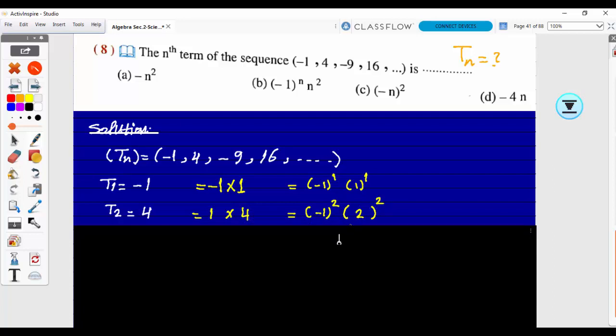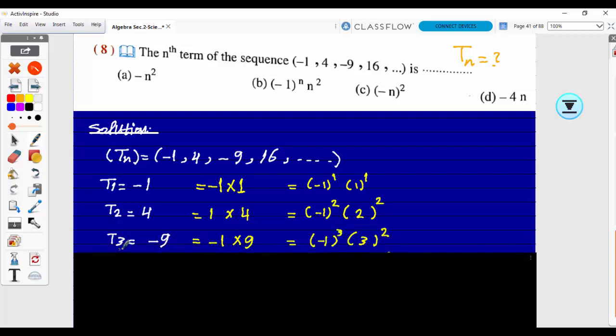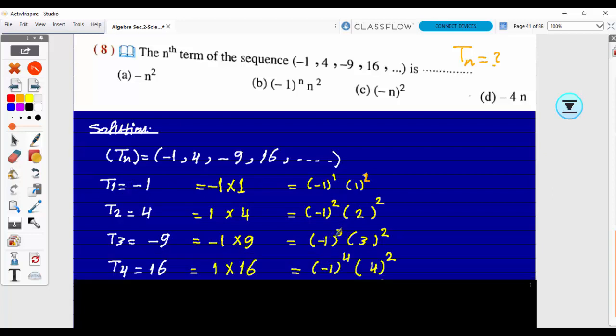Here T3 equals negative 1 multiply 9, and negative 1 equals negative 1 power 3, where 3 is the order of the term, multiply 3 power 2. 3 also is the order of the term. Here the power 2 is the constant, always power 2. Here is the relation between the order of the term and the term itself.